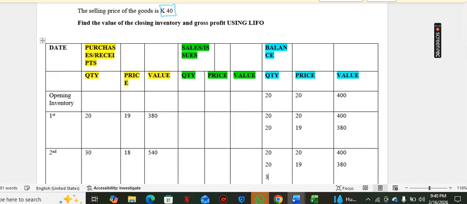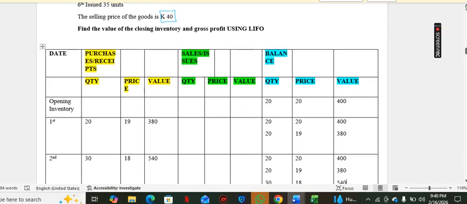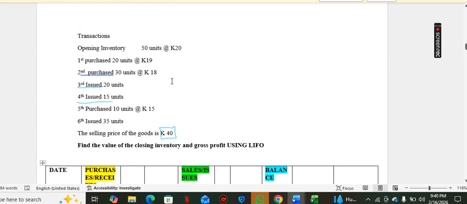We brought in another 30 units valued at 18, which is 540. Every time there's a purchase, this is always going to happen.